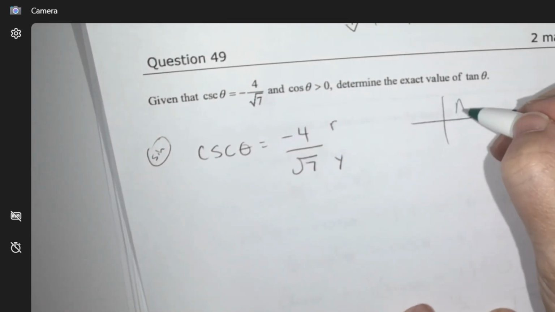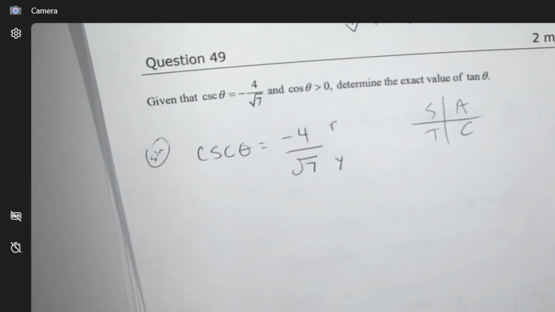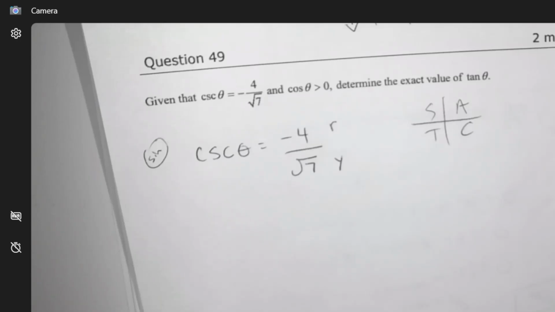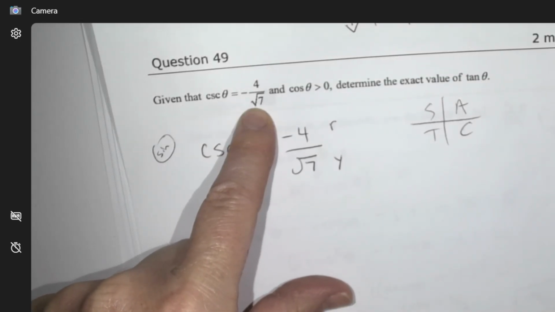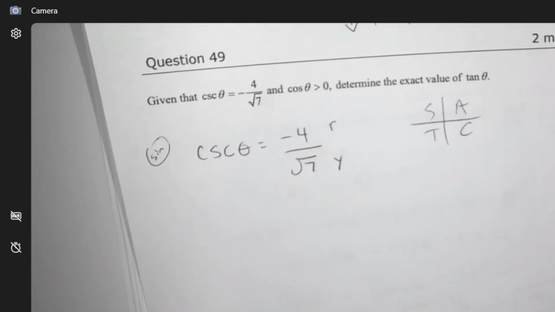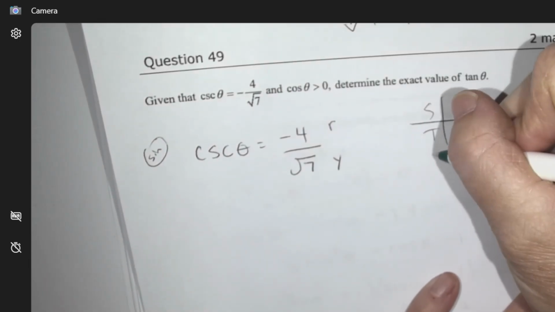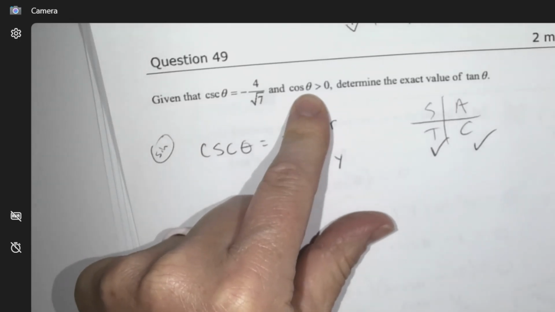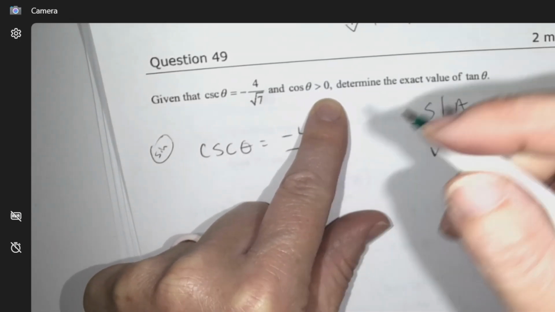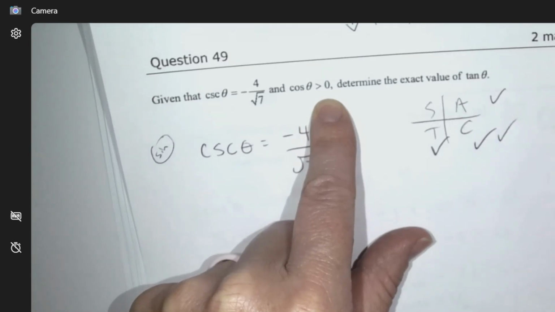Okay, let's talk about ASTC. Where am I? So if cosecant is negative, sine is negative, where? Where's sine negative? Bottoms. But I also know that the cos trig value is positive, so that would be on the right.